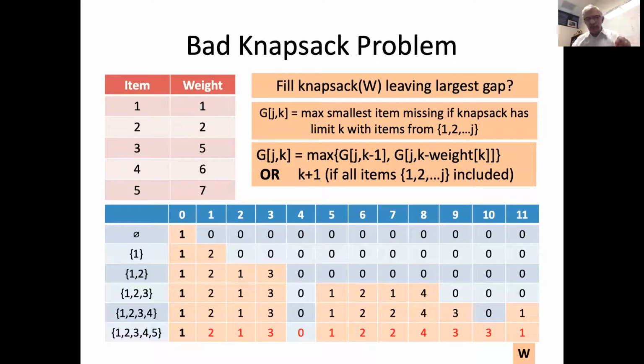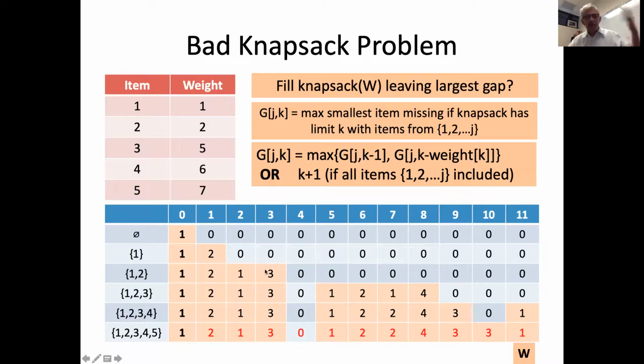Now, if you think about 8, let's look at 8 over here. How did I get this 4 here? Well, the previous row was a 0, so that didn't help me, right? Because I want larger numbers. Or I could have done, where am I? The third item has weight 5. So I'm going to look at 8 minus 5, that's 3.